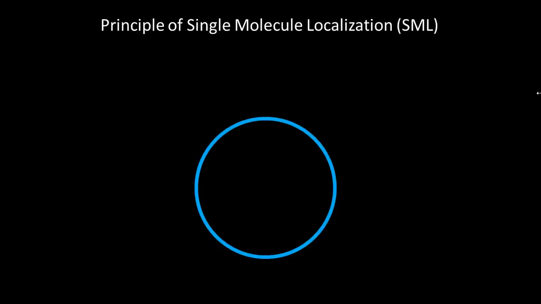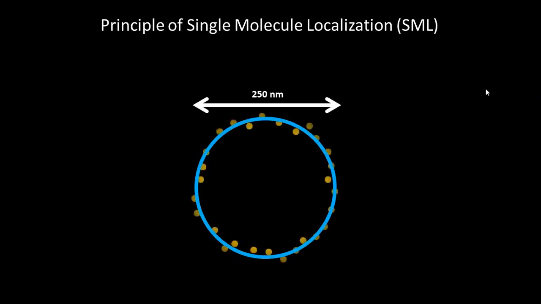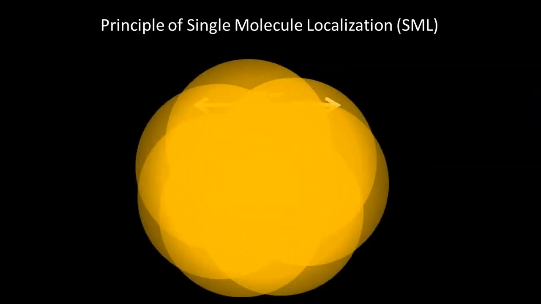So with that, let me go briefly into the principles behind single molecule localization. The whole idea is that if you have a structure which is below the diffraction limit, and you're labeling it with fluorescent dyes, and you're looking at it in a traditional sense, it's going to be blurred because of the diffraction limit.